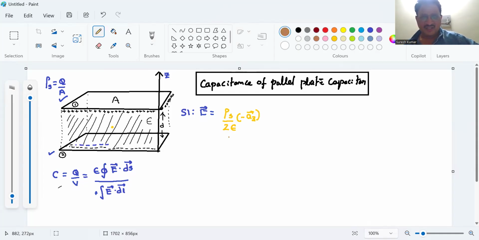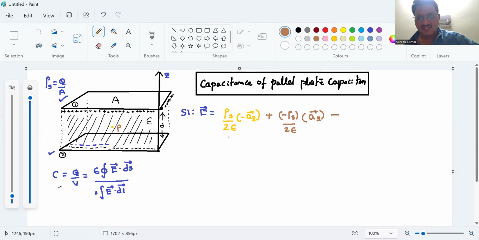And at the same point P, the electric field intensity due to the negative plate is equal to, because the charge on plate 2 is negative, minus rho s by 2 epsilon. The direction of electric field intensity at the point P due to the negative plate is towards plus az, whereas the electric field intensity due to the positive plate is towards the negative z-axis.